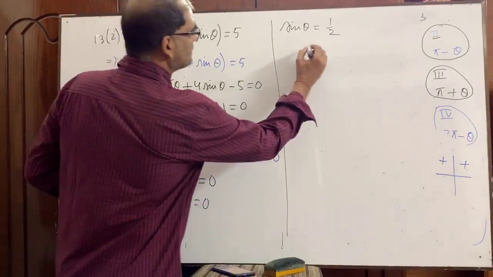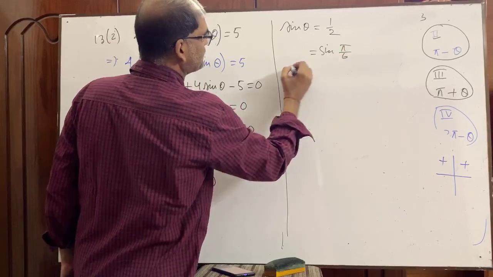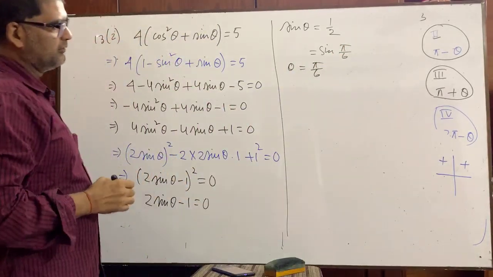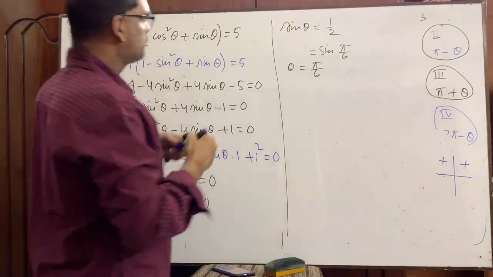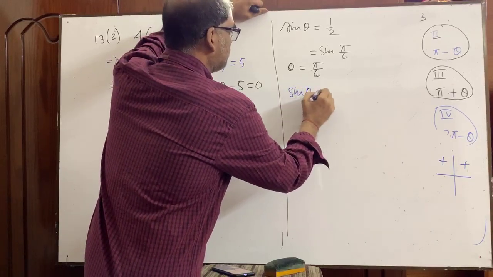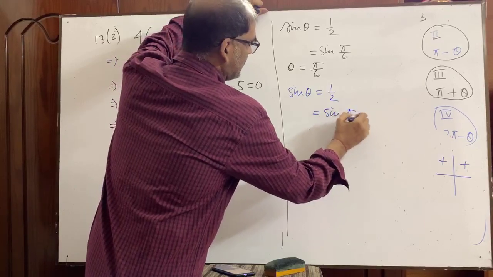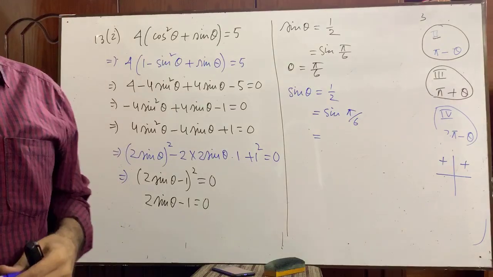That is sin pi by 6. So theta equals pi by 6, and we know it is positive. And in the second quadrant, sin theta equals half, sin pi by 6. Now it is your turn to let me know the answer.